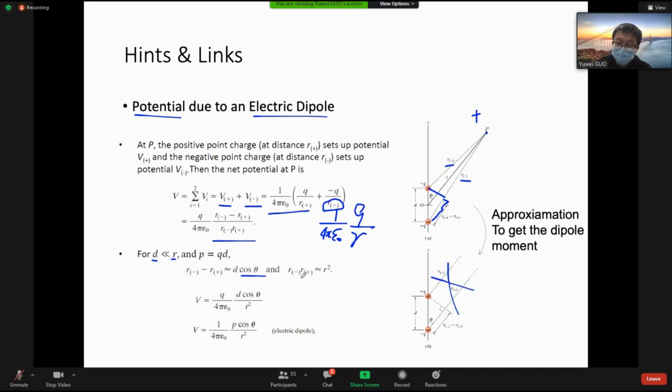And R can be treated as the same if the distance is much smaller than R. So the potential of the electrical dipole at the point P can be simplified as this expression.